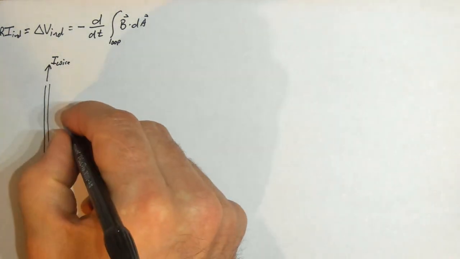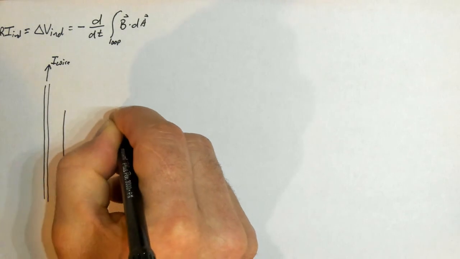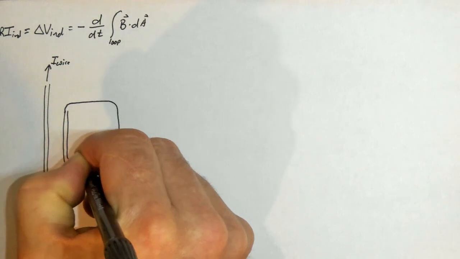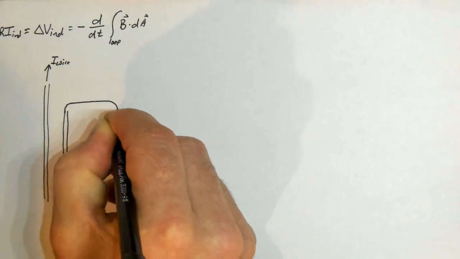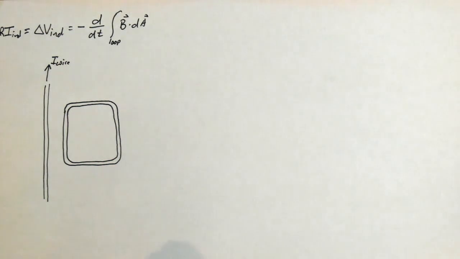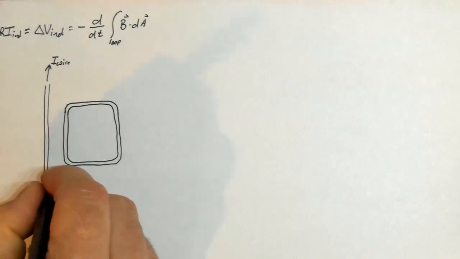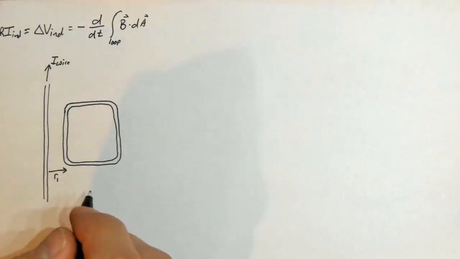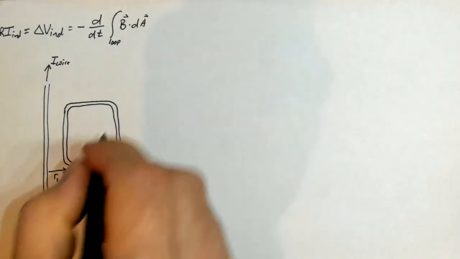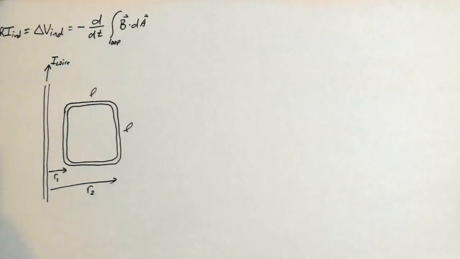Near it we place a square loop of wire that is a distance, let's call it R1, away, and its far edge is a distance R2 away. This is of length L. So it's a square loop.